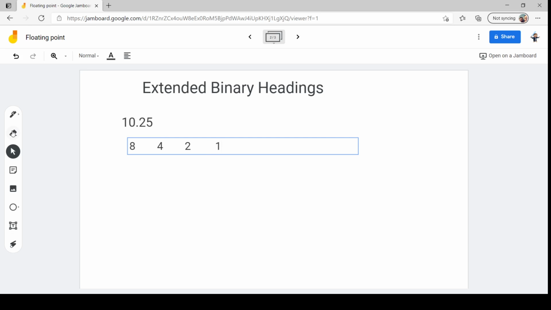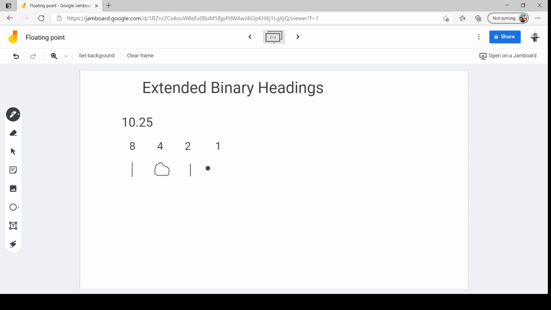Now, using what we've learned in previous lessons, 10 would be stored as 8 and 2. So I'm going to write a 1 under the 8, 0 under the 4 because it's not being used, 1 under the 2, and a 0 under the 1. That is how we represent the 10.